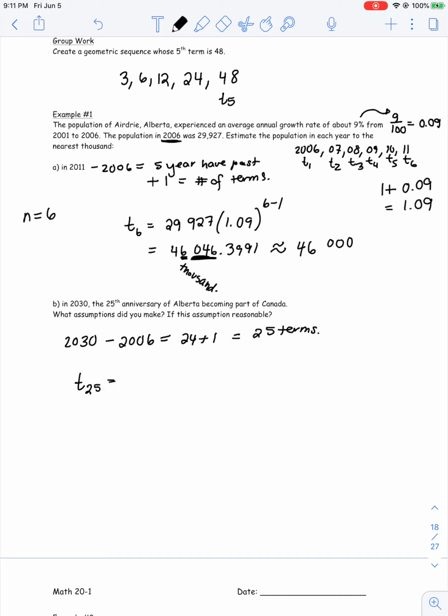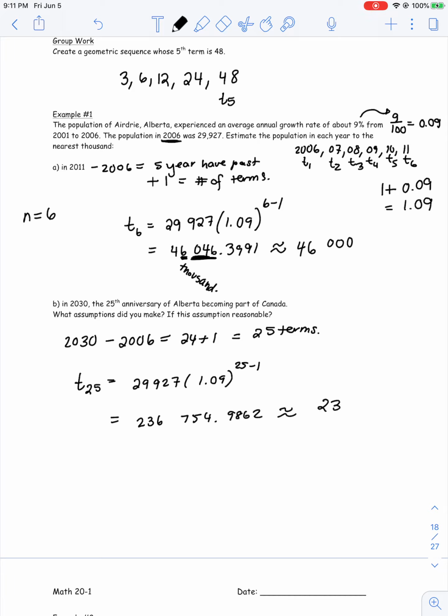So we're finding term 25, which is equal to our first term multiplied by that common ratio to the power of 25 minus 1. If you put that into your calculator, you're going to get, again, to the nearest 1,000, so I'm going to give you the exact, what we found, and then I'll give you the rounded version.